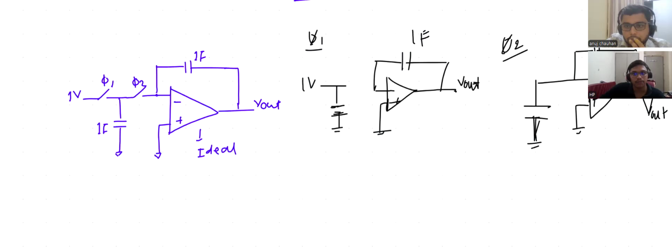This is 1 farad. The voltage across this capacitor is 1 volt.